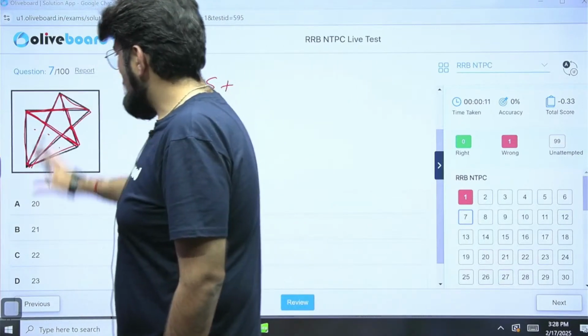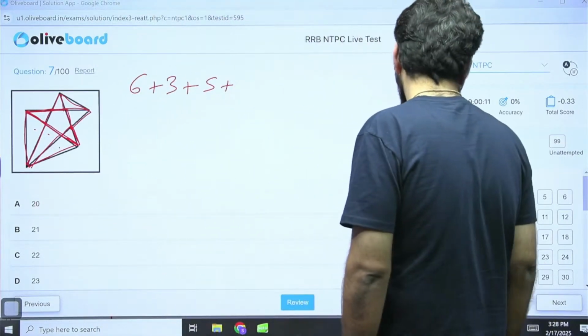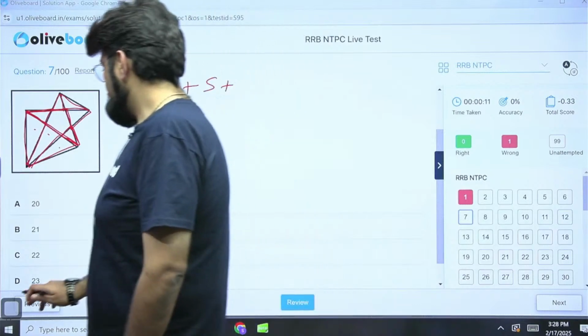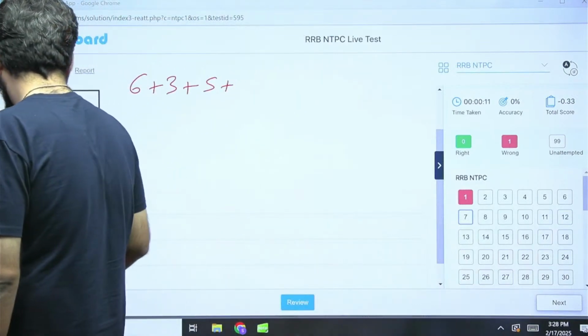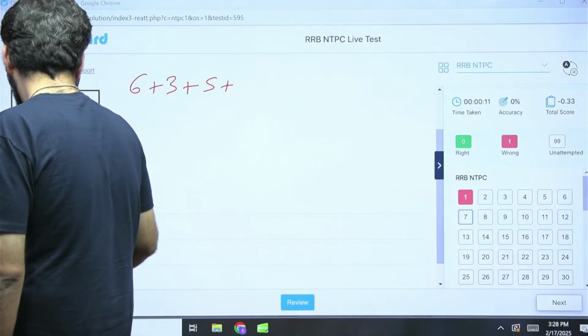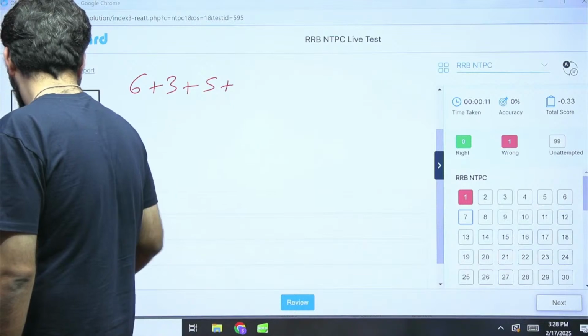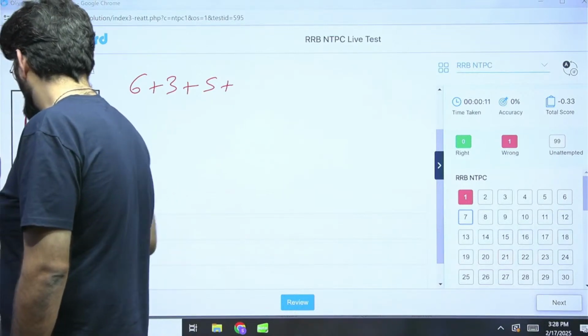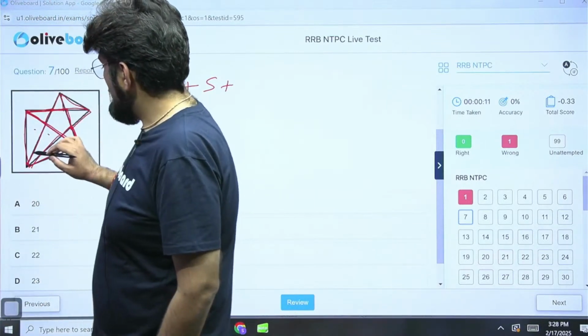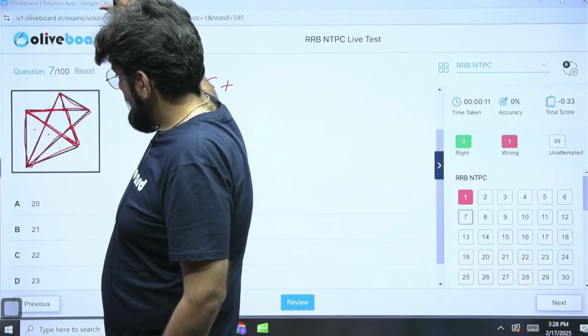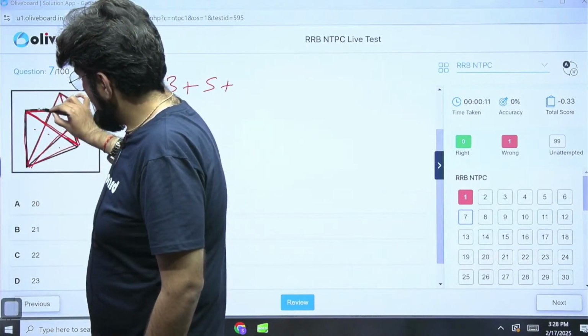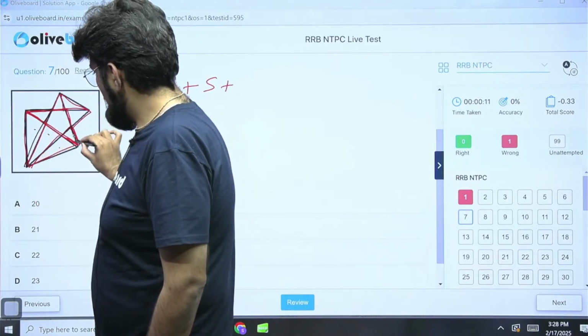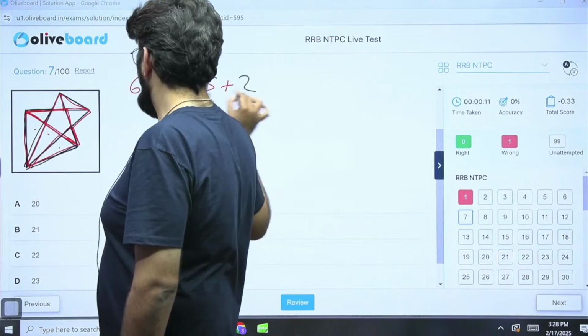Now you look at the complete figure, because once you are done with all these parts, you will have to look at the complete figure as the whole picture. And here we can observe that look at it this way. Okay, so we have this one triangle here, this one triangle here which is not counted, so we have 2 more.